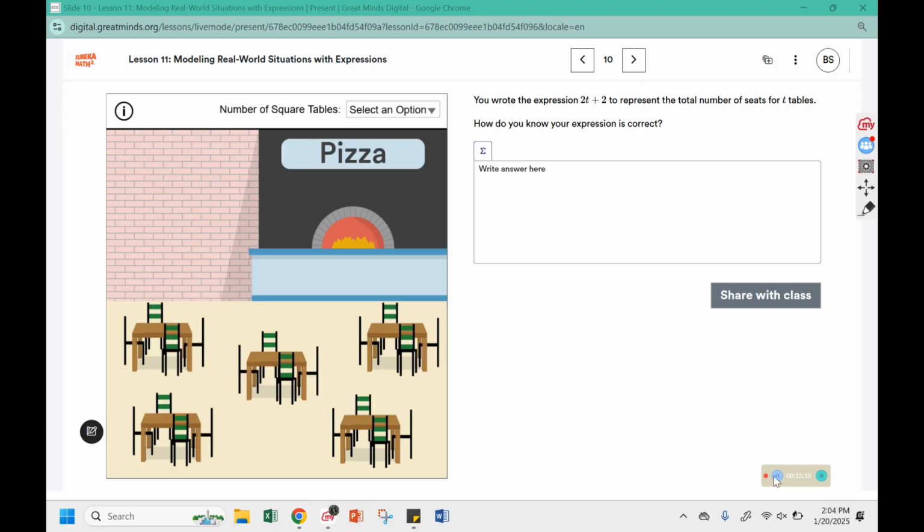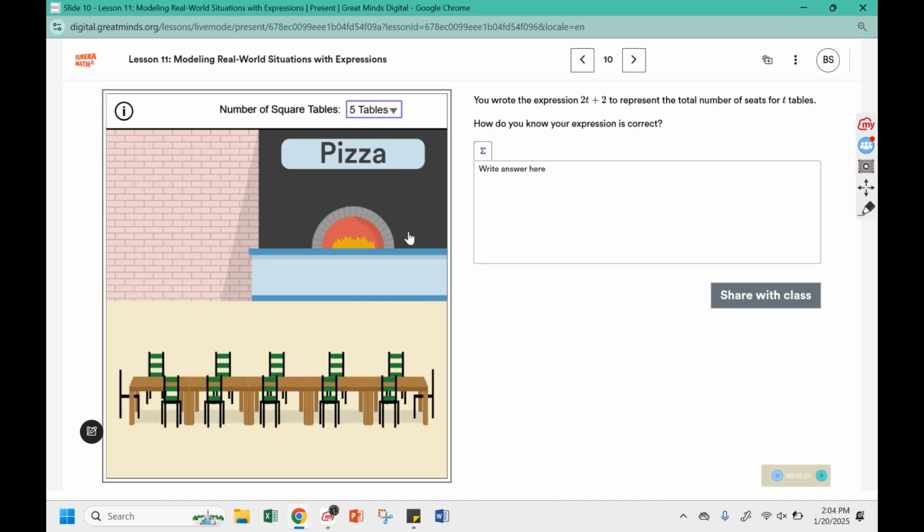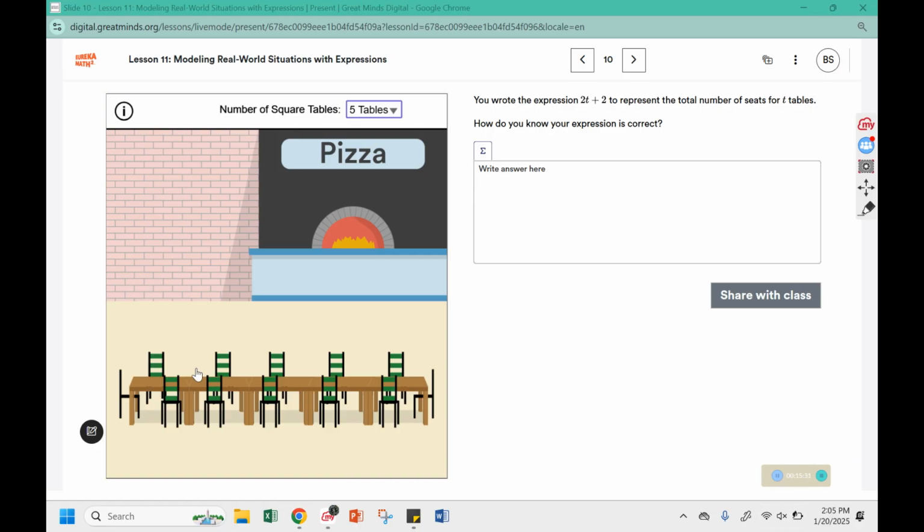How do you know your expression is correct? Well, if I have 5 tables, I can sit 1, 2, 3, 4, 5 on each side. So there's 5 and 5. So that's 2 times the number of tables. 2 times 5, 5 on each side. So 5 times 2. That's where we get the 2t piece from.